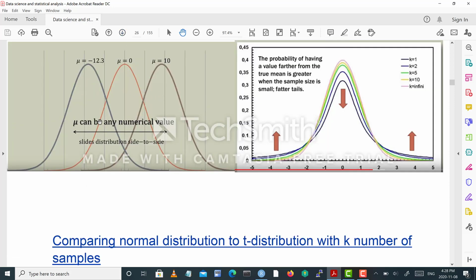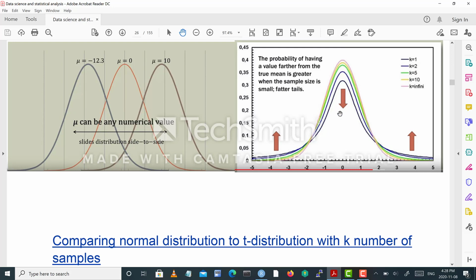We have here two more graphs. Here we have one normal distribution with the same standard deviation but different mu, a different mean, by shifting the curve to the right or to the left.